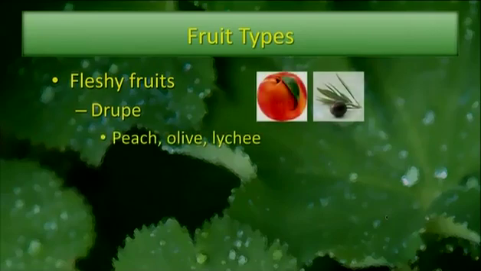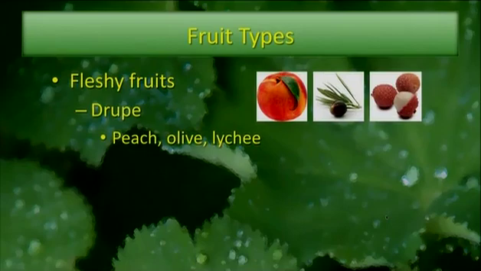Some examples of drupes are peaches, nectarines, plums, all those stone fruits, olive, cherry, lychee, mango. Those are all drupes, as well as coconuts. Coconuts are drupes actually.